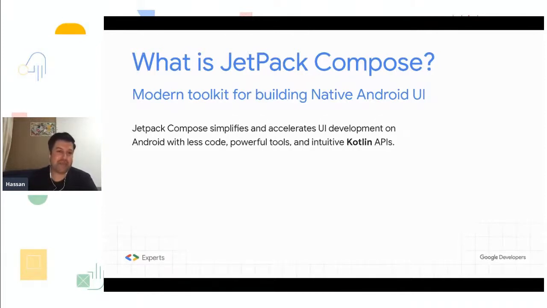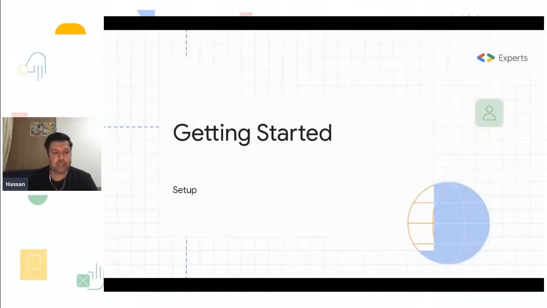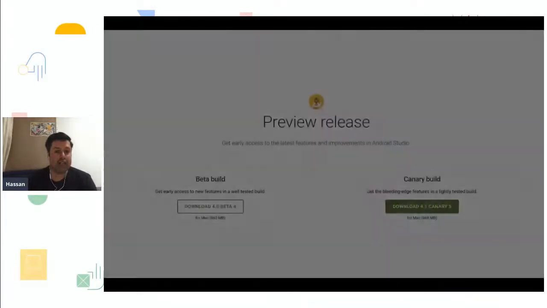So you can write programs for it. You don't need to maintain XML files. We'll be looking at many samples today and a lot of code examples, so get familiar with it. Because this talk is mostly about hands-on Jetpack Compose, I'll get right into it.